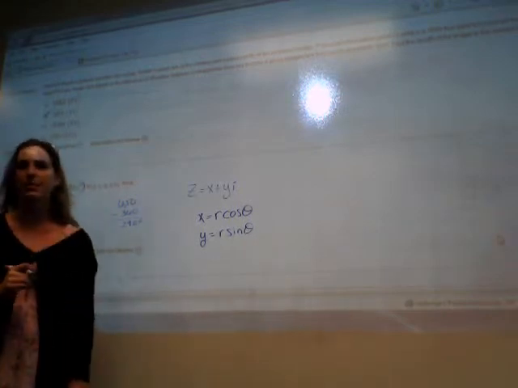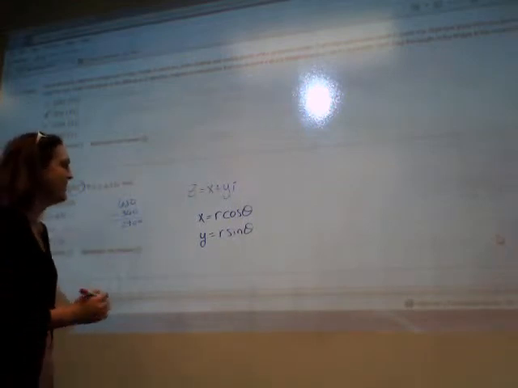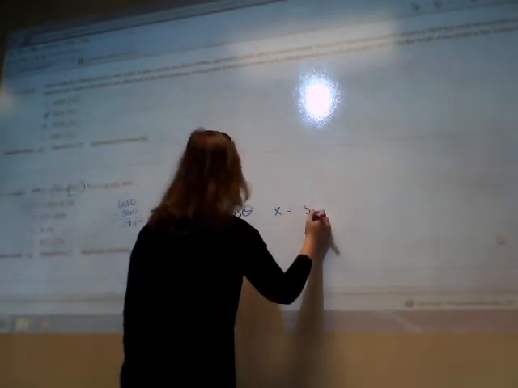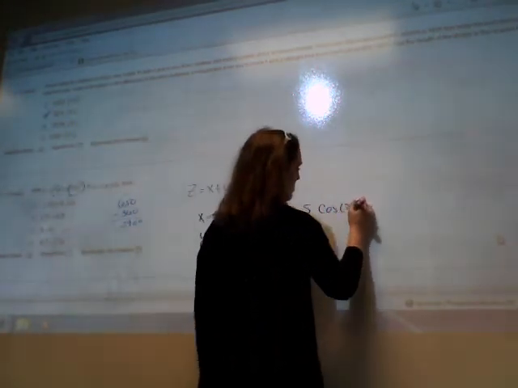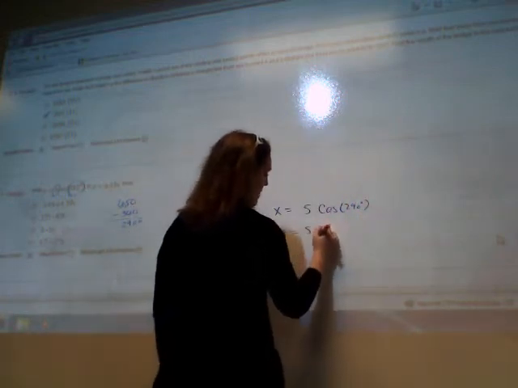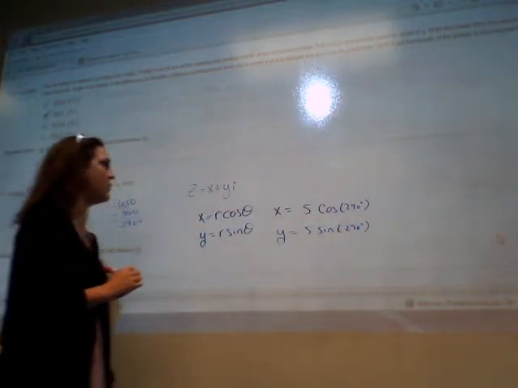Okay, same angle. All right, so x is equal to 5 times the cosine of 290 degrees, and y is equal to 5 times the sine of 290 degrees. Okay, and what do we get here?